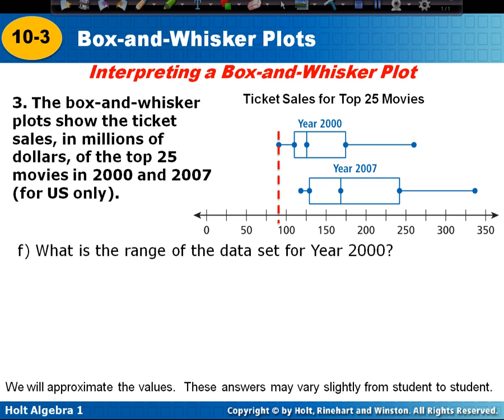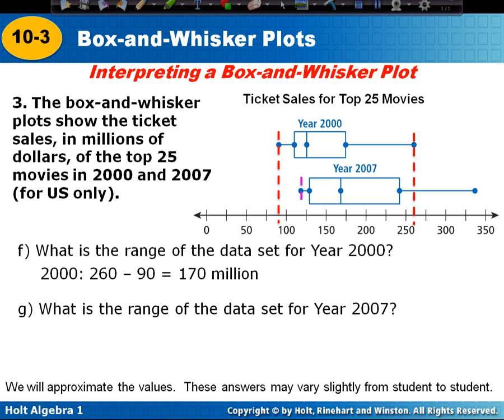Part F says, what is the range of the data set for the year 2000? The range is the highest minus the lowest. So I have to take the maximum and subtract the minimum, and again I'm going to have to approximate because it doesn't give me the exact. In 2000, it is 260 minus 90, which is 170 million.